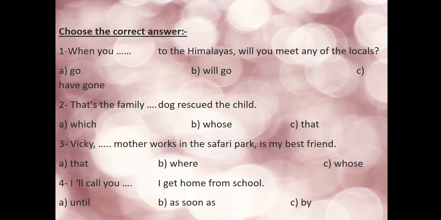After them, I use only present, either present simple or present perfect. So here: I'll call you as soon as I get home from school. As soon as here means once I get home from school.